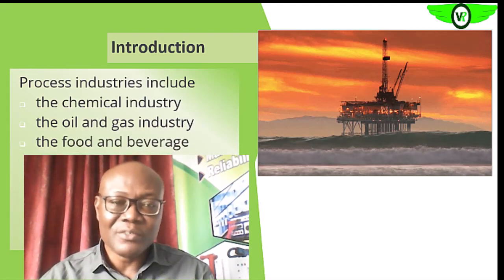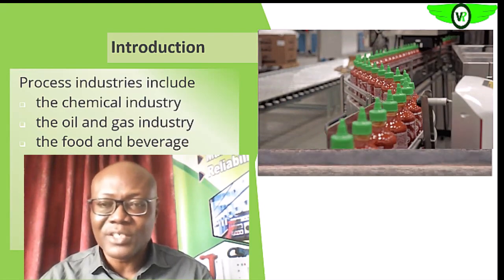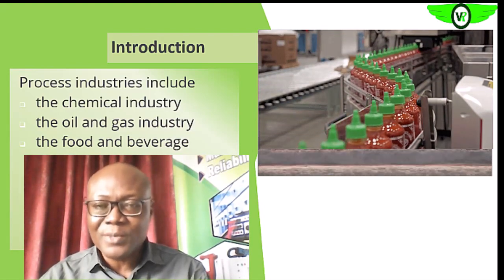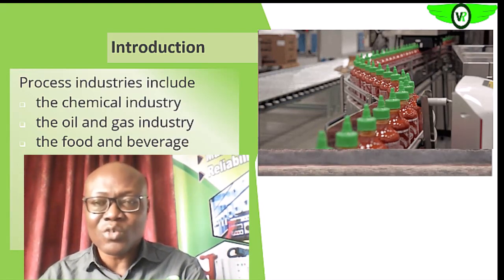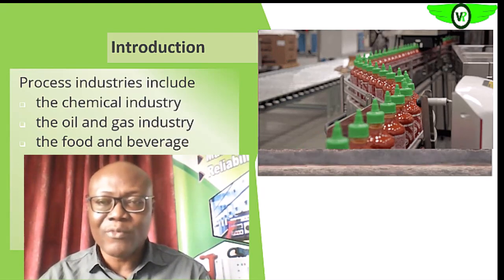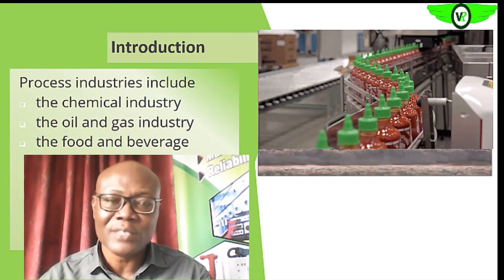So we also have the food and beverage industries where food and beverages are produced. The series of steps, which are the processes, we need instrumentation to monitor them, to control these variables so that the desired outcome from these processes will be achieved.